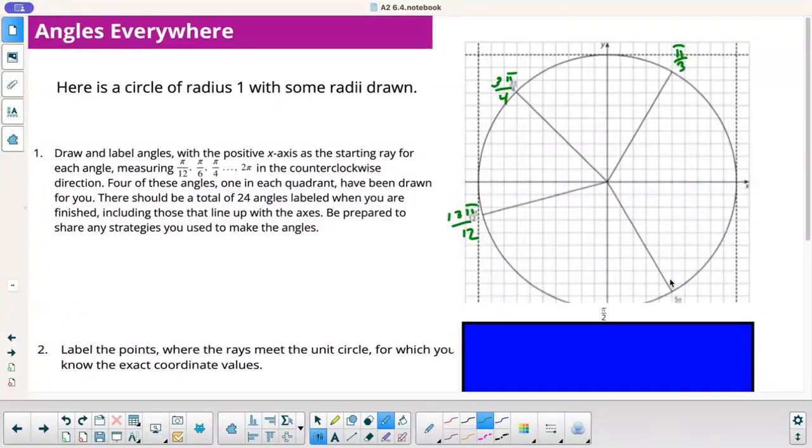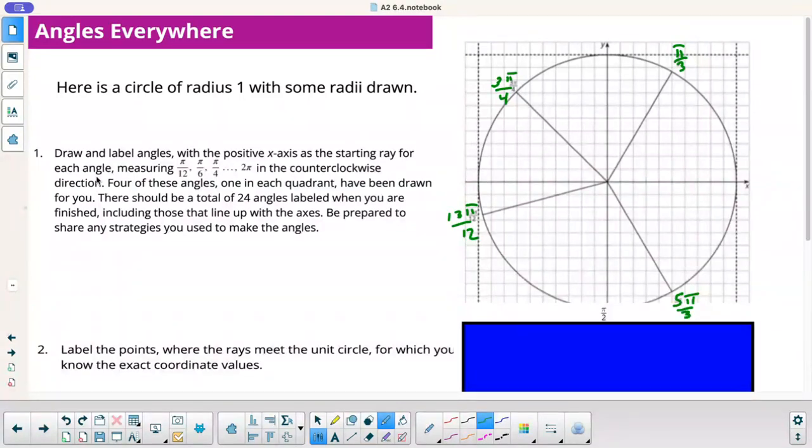This one is, what is that? 5 pi over 12, I think. It got cut off when I put that slide in there. Let me take a look. 5 pi over 3. Sorry about that.